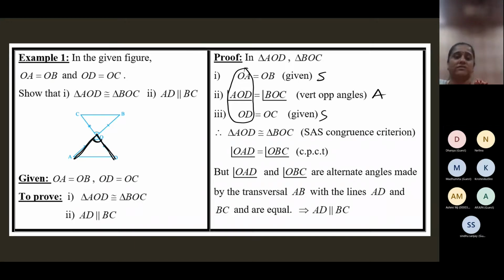That's why included angle. Here, for this angle, OB and OC are the arms. That's why included angle. Okay, so that makes the SAS rule.